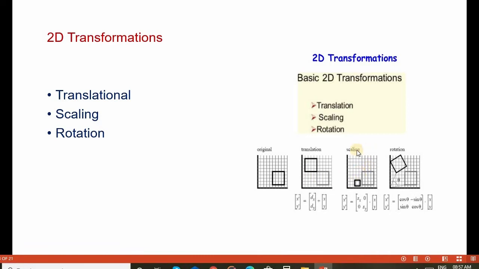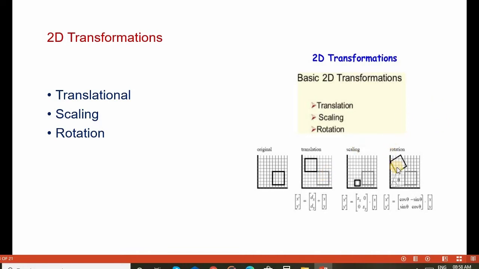Another process is called scaling. This is the original position. After scaling, the size can be reduced or it may be enlarged. Either reducing the size from the original position or enlarging the size from the original position is called the scaling process.